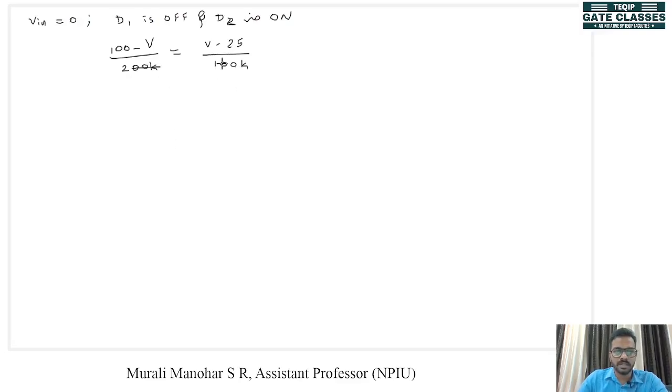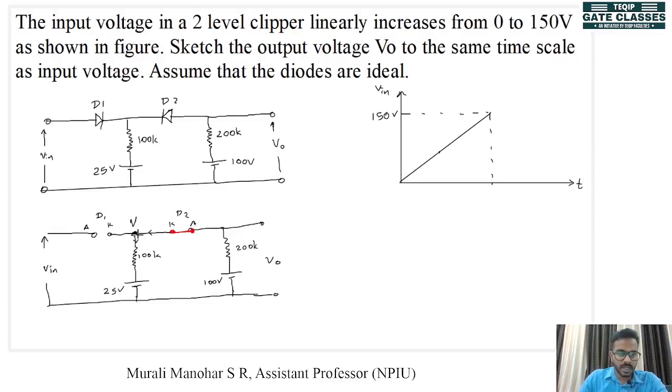So we can cancel this, 2 is multiplied here, so 100 - V = 2V - 50. Rearranging, 150 = 3V, that means V = 50 volt. Now the voltage here is 50 volt initially.